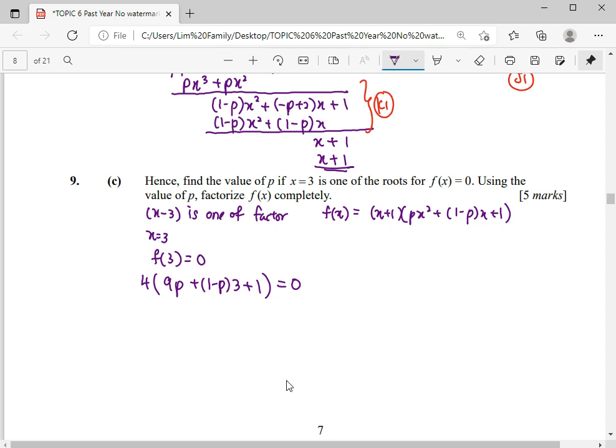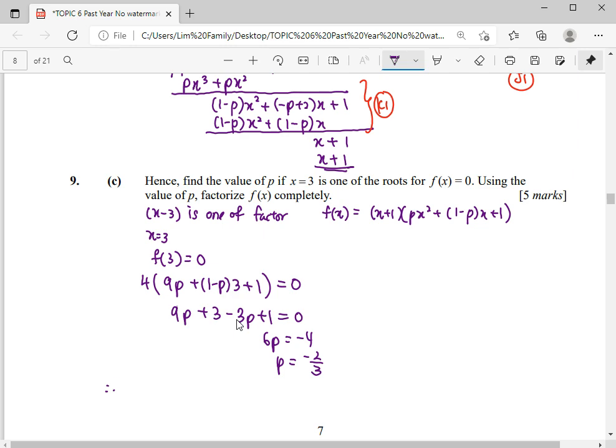Then we can simplify it: 9p plus 3 minus 3p plus 1 equals 0. I move the 4 to the right hand side so that it equals 0. Then we manage to find 6p equals negative 4. So p equals negative 2 over 3.